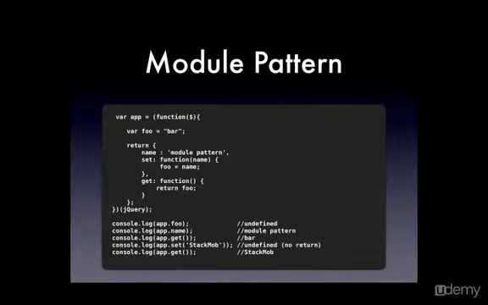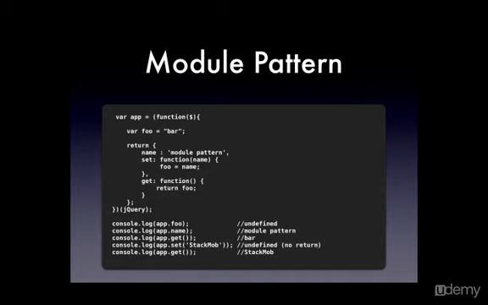And this leads us to the module pattern, which has been popularized by Douglas Crockford. And this is actually, I think, a clearer understanding of what's happening with this anonymous function. I'm assigning the returned value from this function to a variable called app.